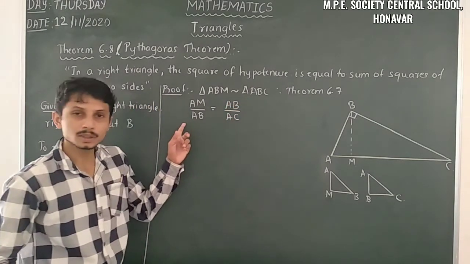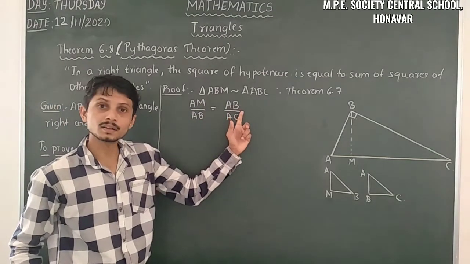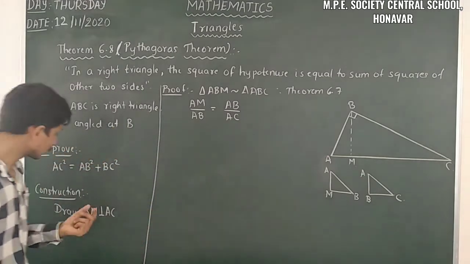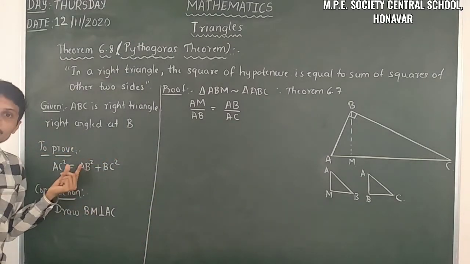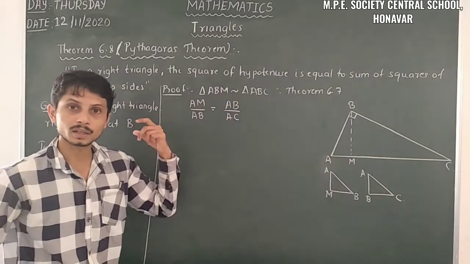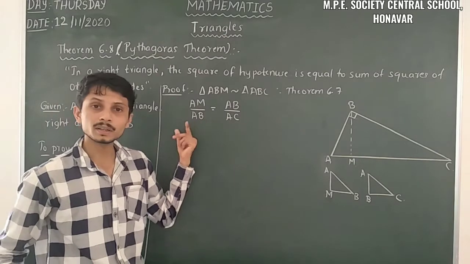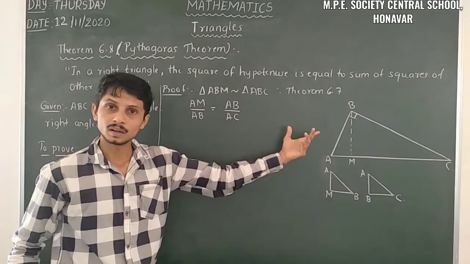Just observe here, when we transpose this AB here, we get AB square. So because one of the parts of the proof is AB square, that's why we get AB square here. So we can transpose the denominator to the opposite side.